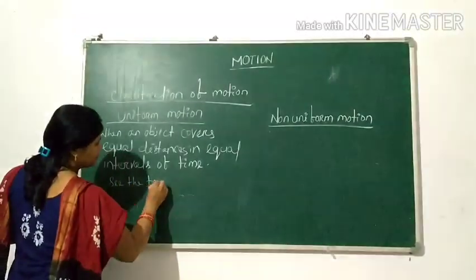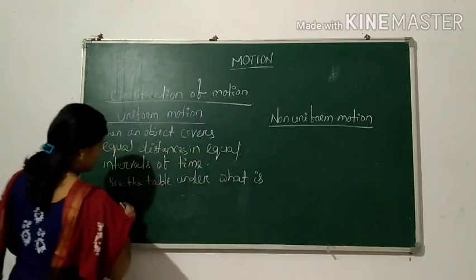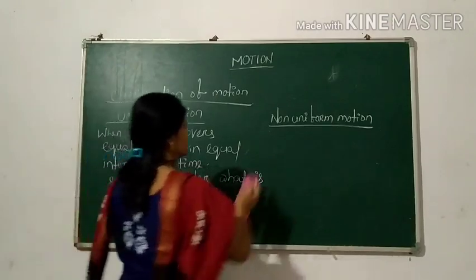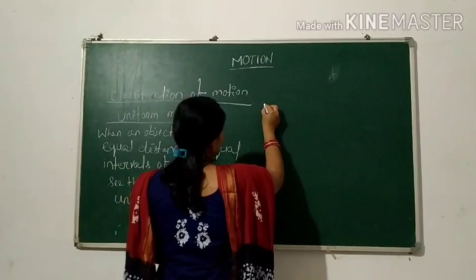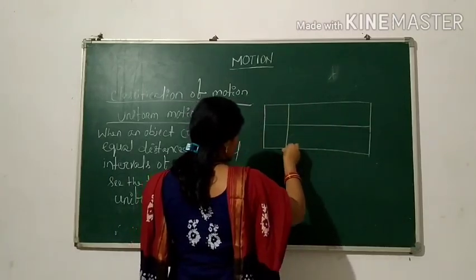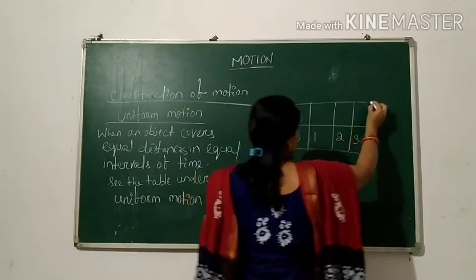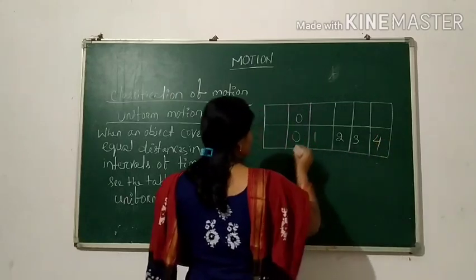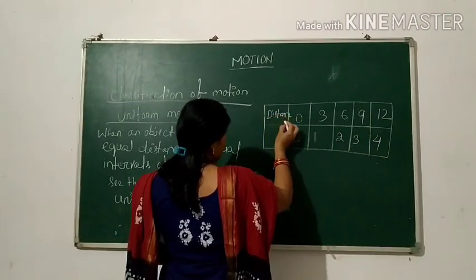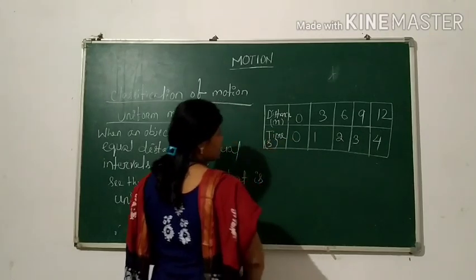See the table. What is uniform motion? This is distance, and as you know the unit of distance is meter, and this is time and the unit is second.